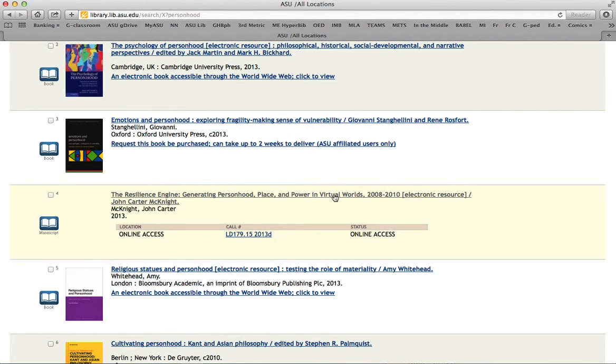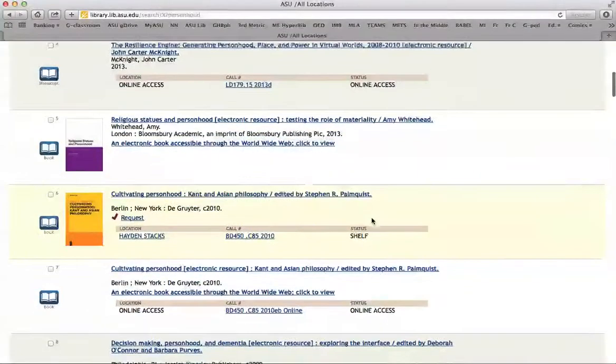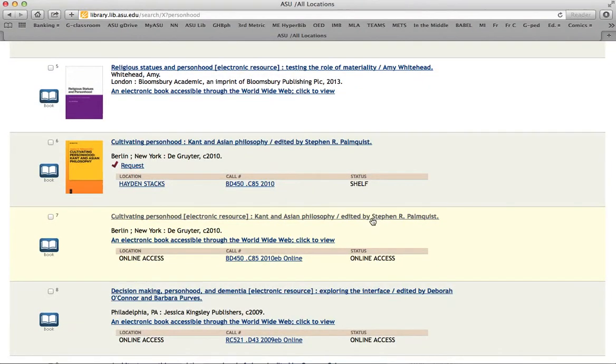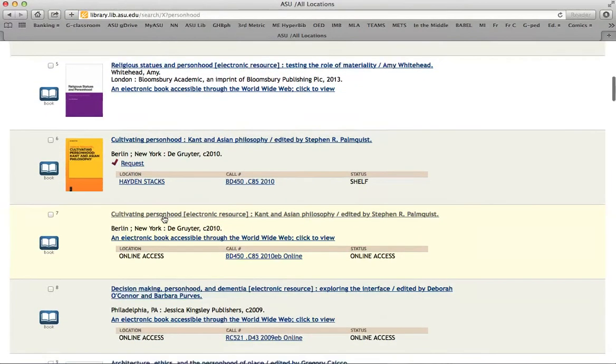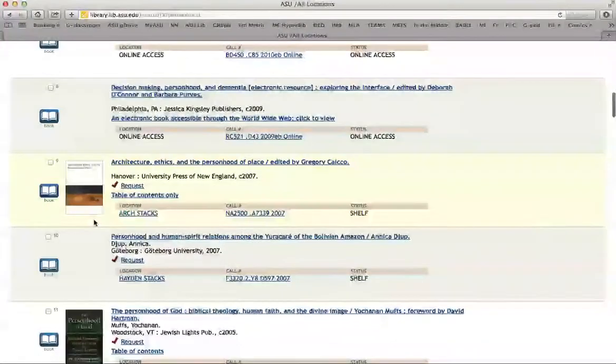Hard to say there too, but probably going to lean towards those earlier definitions, so that might be a source for that. Down here, Religious Statues and Personhood: Testing the Role of Materiality. Hard to say as well, but so you get the idea, I think, of cultivating personhood, again, those earlier definitions. So you see a lot of what you're finding here is more related to those earlier definitions.